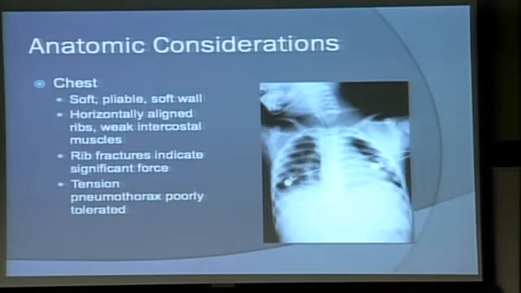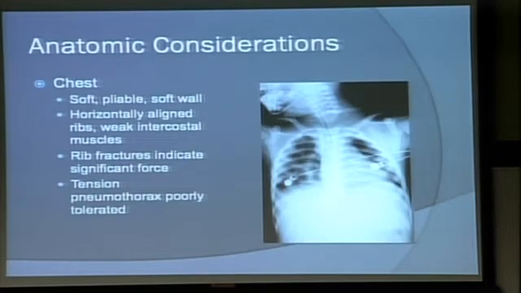Now, chest, extremely pliable. Very soft wall, horizontally aligned ribs, weak intercostal muscles. This is why you get retractions when they have respiratory distress. If they fracture a rib, that indicates incredible force, because usually the rib cage is so pliable that the force is actually transmitted more into the lung itself.